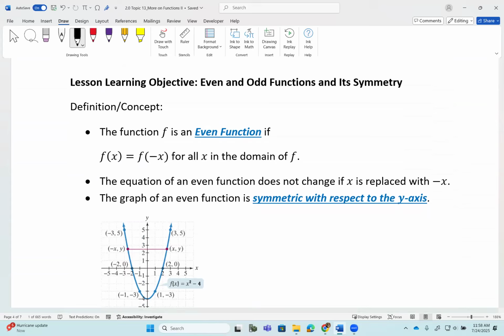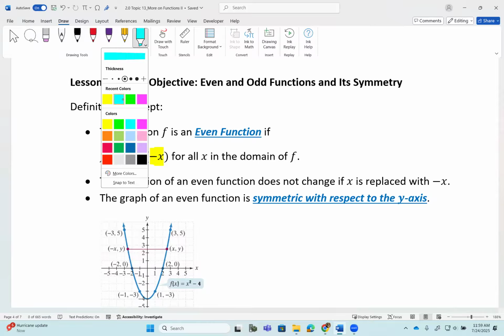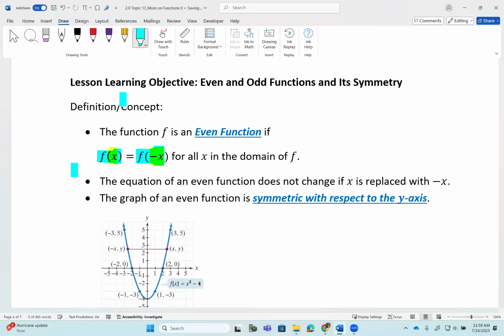If a function is even, what that means is I substitute a positive x value and then exactly the same x value but negative, like a 2 and a -2, and the y values are exactly the same. Then my graph is even.